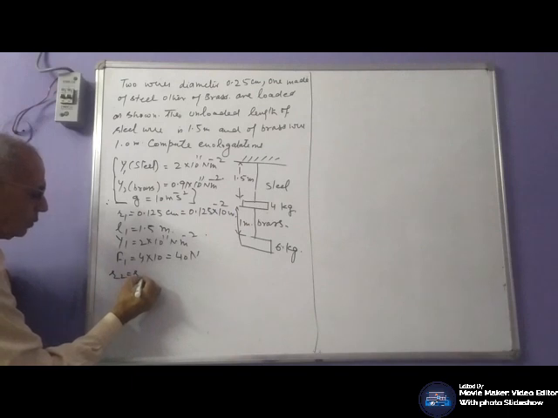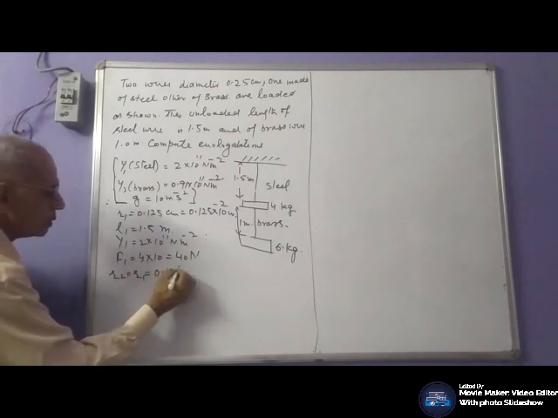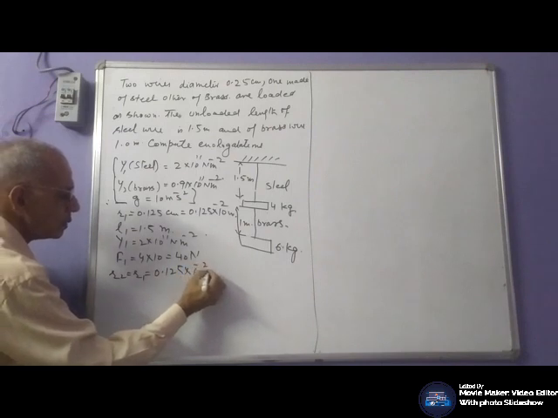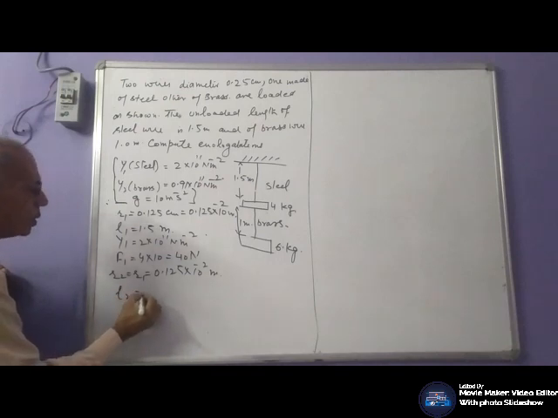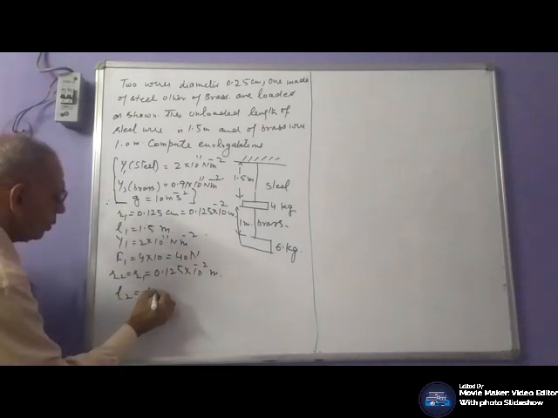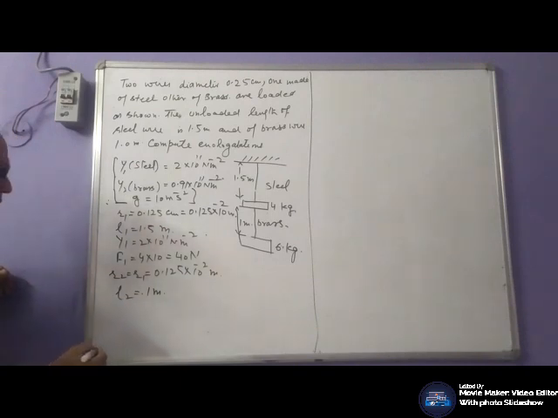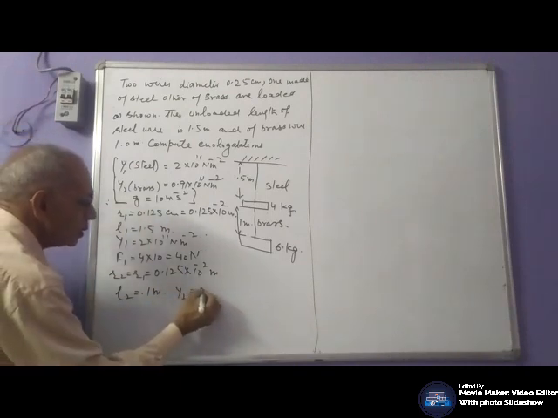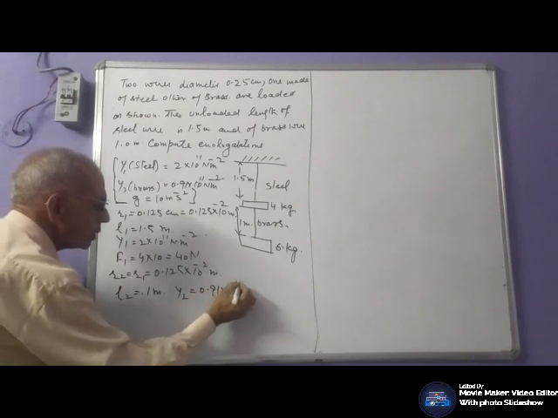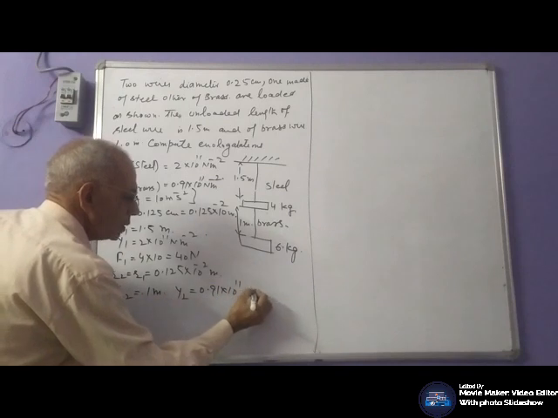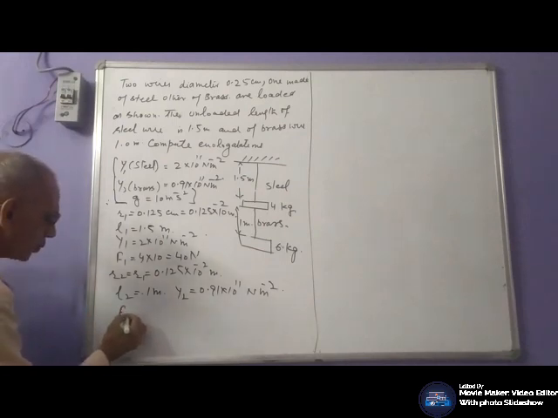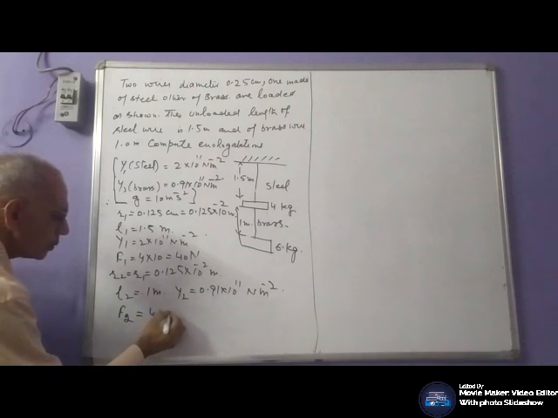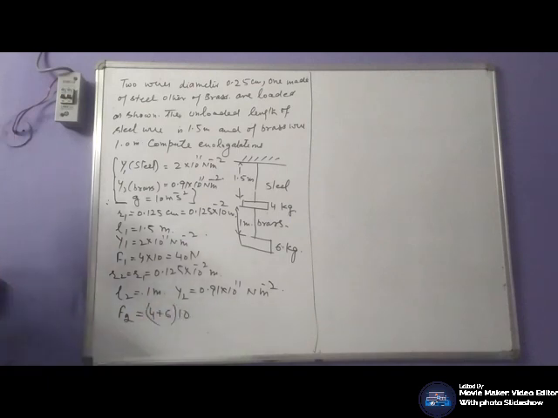G is also given. R2 same as R1, in meter, L2 is 1 meter, Y2 is 0.91 × 10^11 Newton per meter square, F2 it is 4 plus 6.